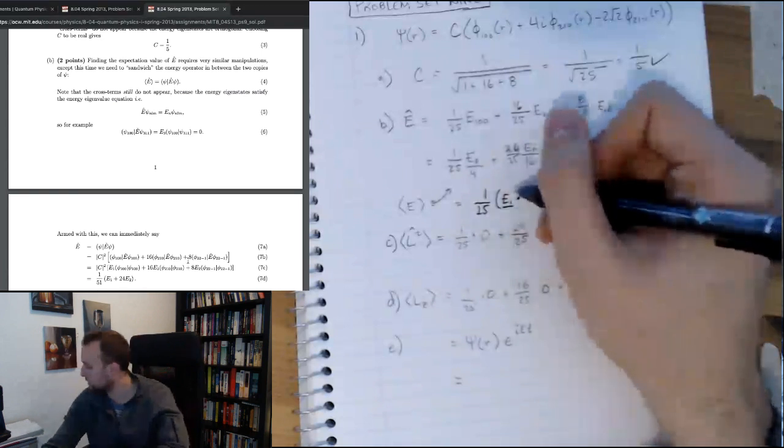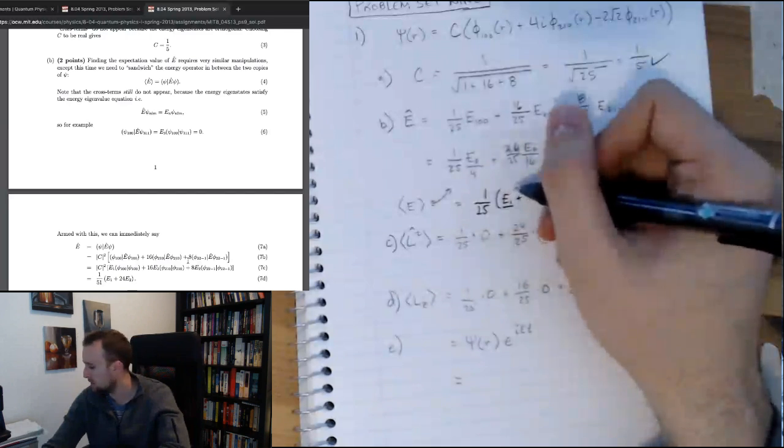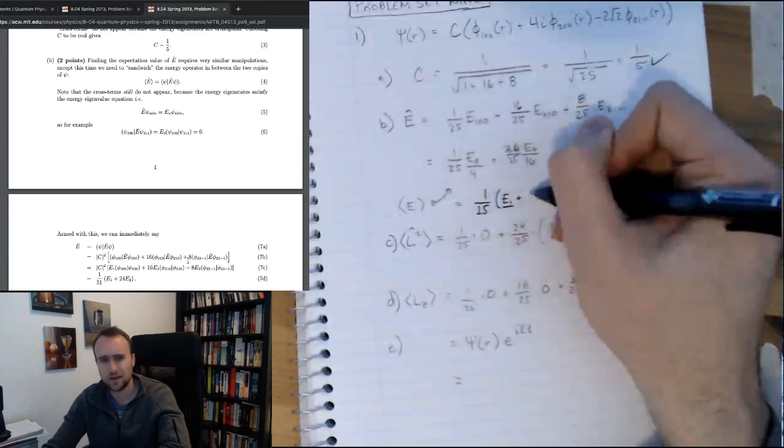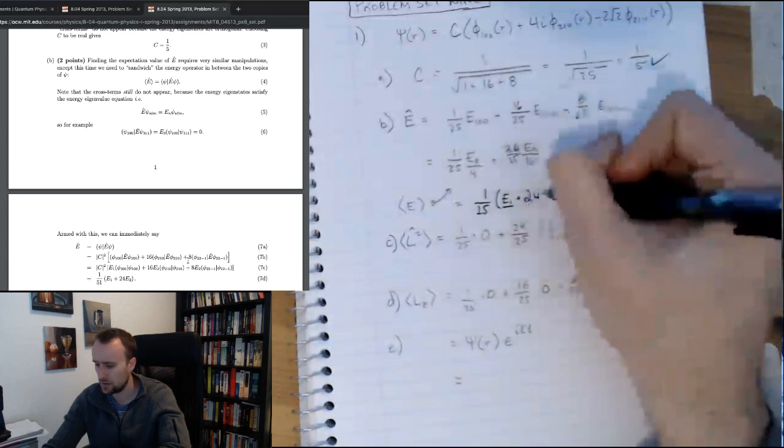I think 4n squared. N is 1. This is E naught divided by 4. How the heck do we have 24 E2?